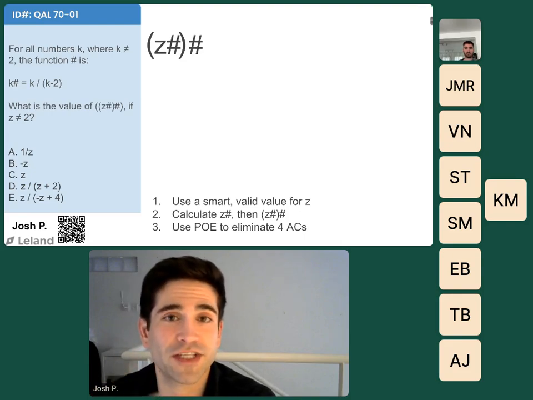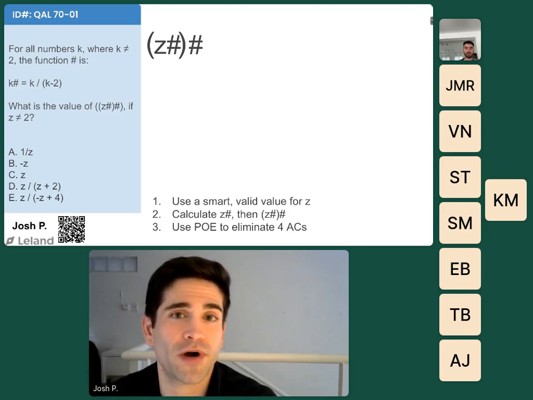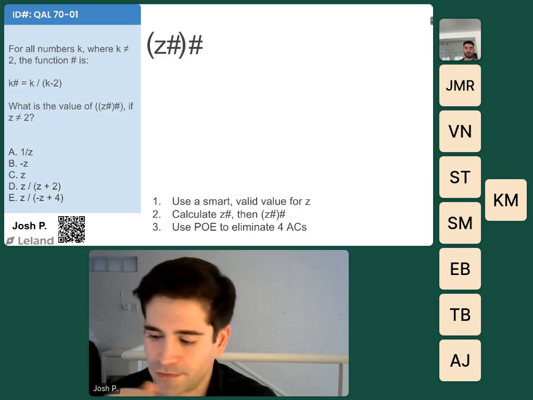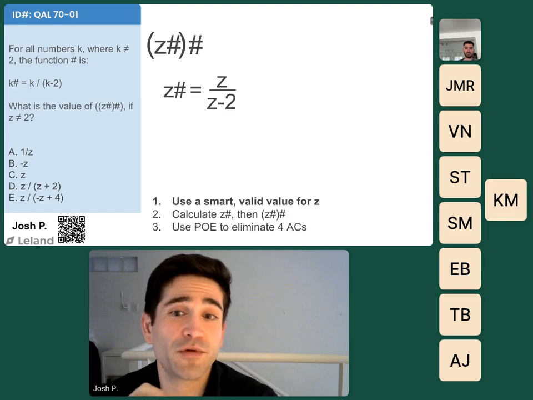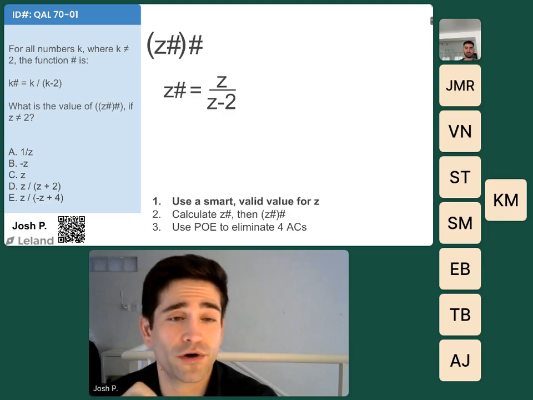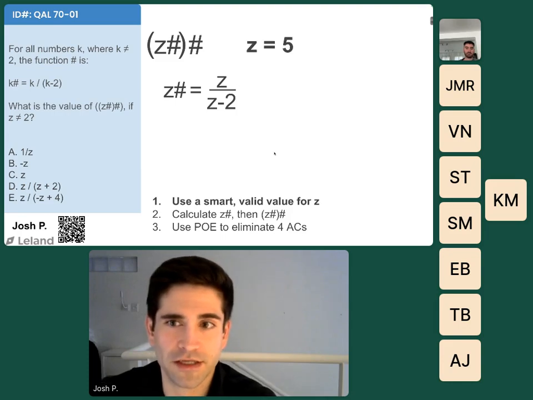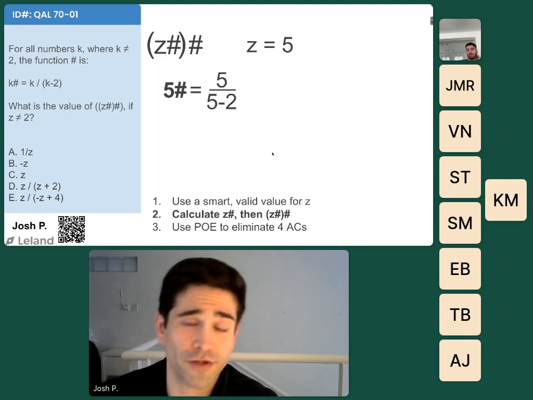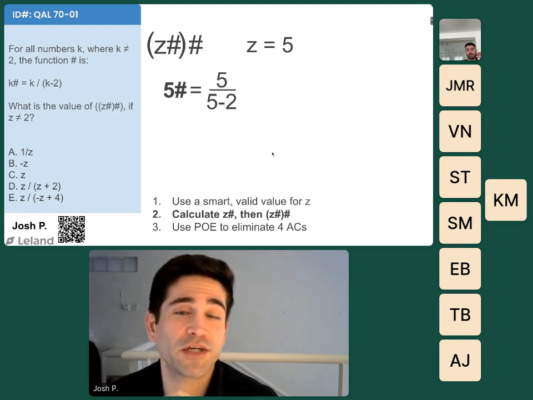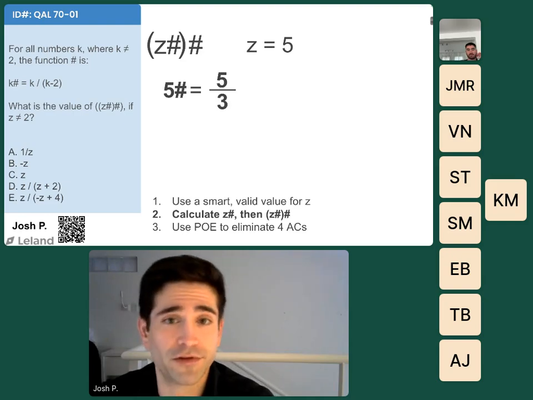And our final step would be to use process of elimination to eliminate 4 answer choices. Let's start. So z pound is equal to z over z minus 2. Great. Let's say z equals 5. So 5 pound is equal to 5 over 5 minus 2, which is 5/3.